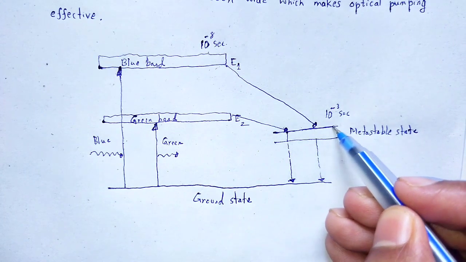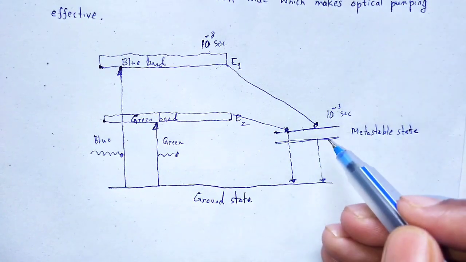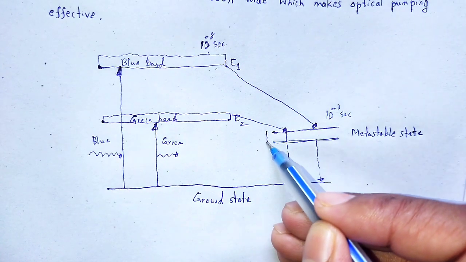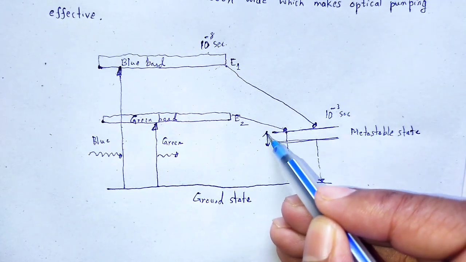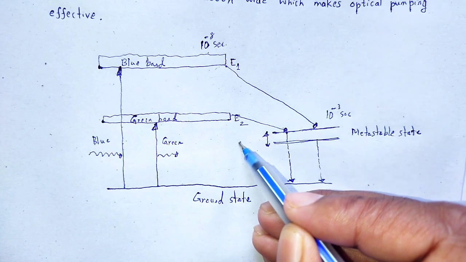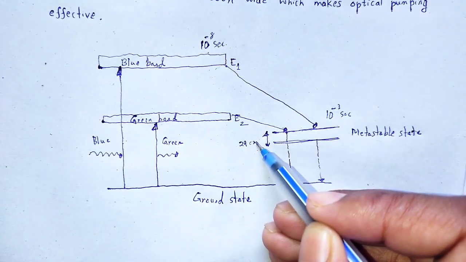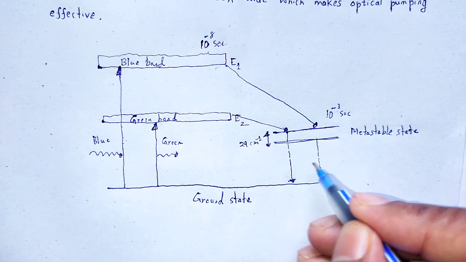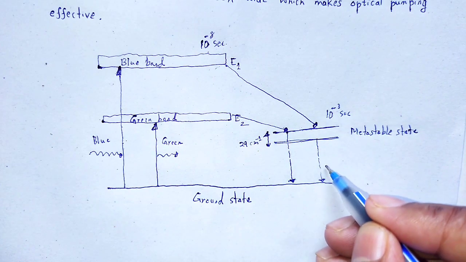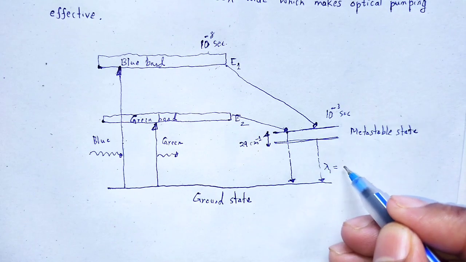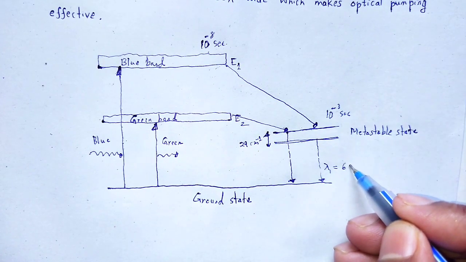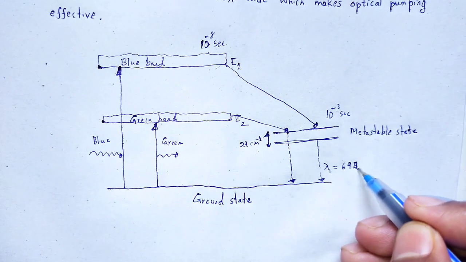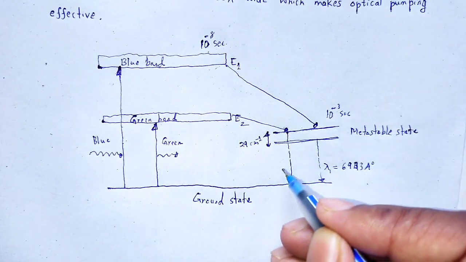In between these two metastable states, there will be a difference. That difference is about 29 centimeter inverse. It has a wavelength lambda 1 that is around 6943 angstrom.